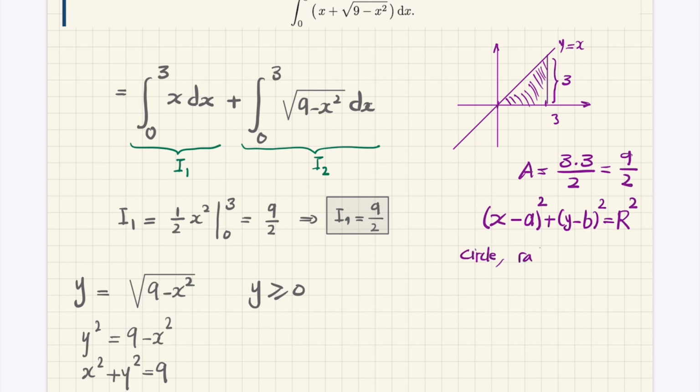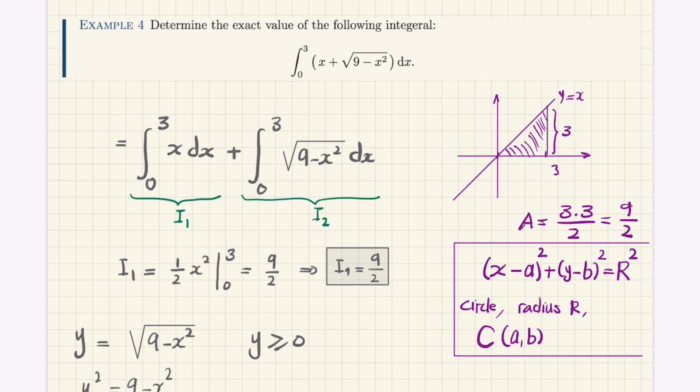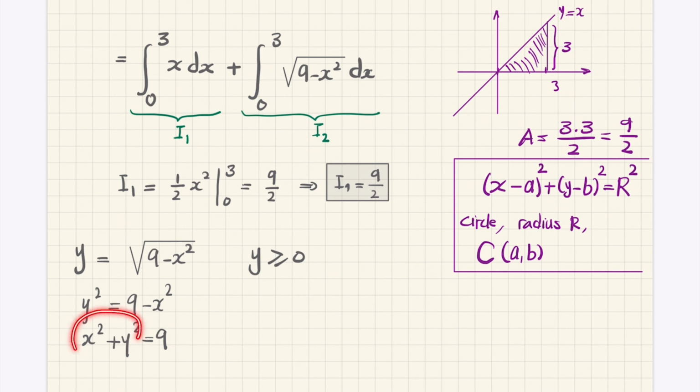Radius of the circle is r. Center of the circle has coordinates a and b. If you have forgotten, it's important to refresh your memory. And by the way, it's not important to remember. If you know mathematics, hopefully you realize what this one is.